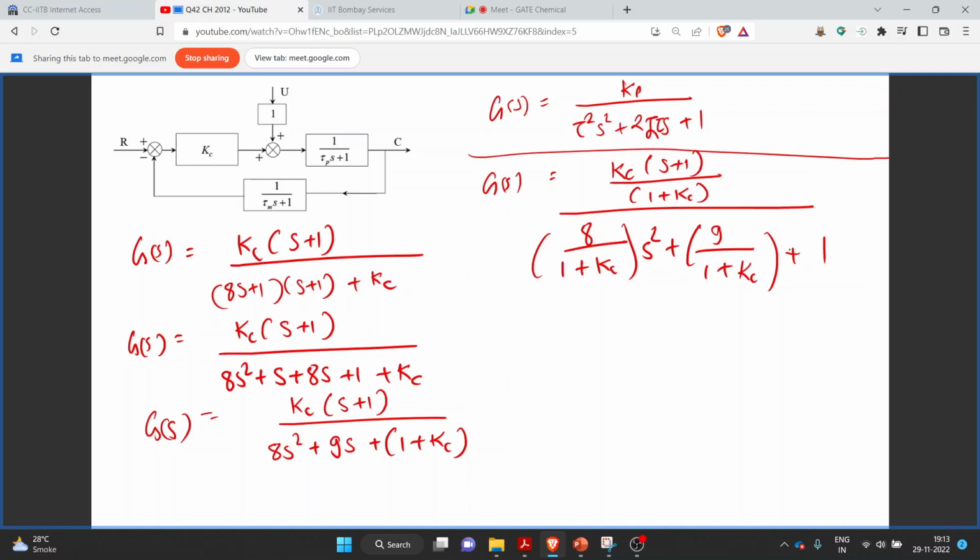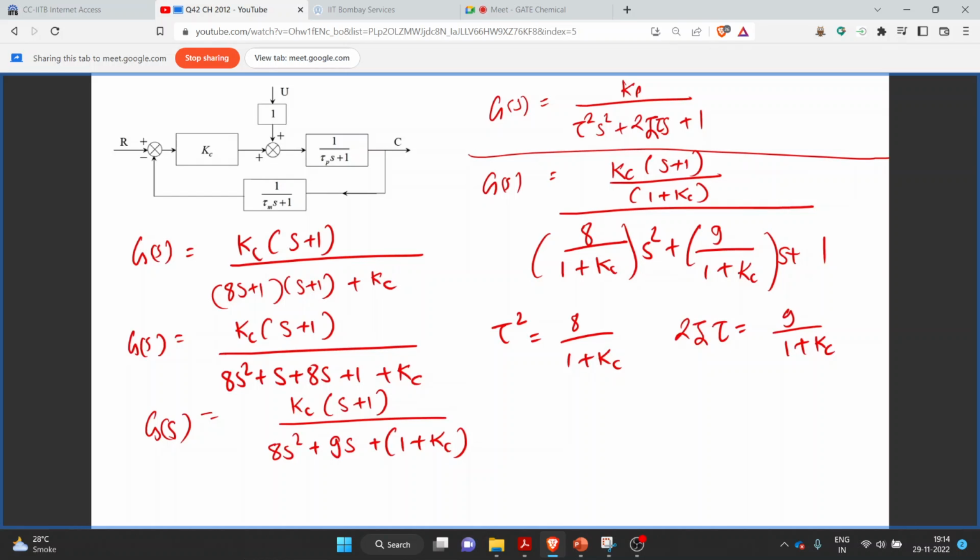So now we will equate both of these equations, and we can compare the coefficients to find the desired value of tau square and 2 zeta tau, and then we will be having tau square is equal to, from over here, 8 upon 1 plus Kc, and 2 zeta tau we have 9 upon 1 plus Kc.